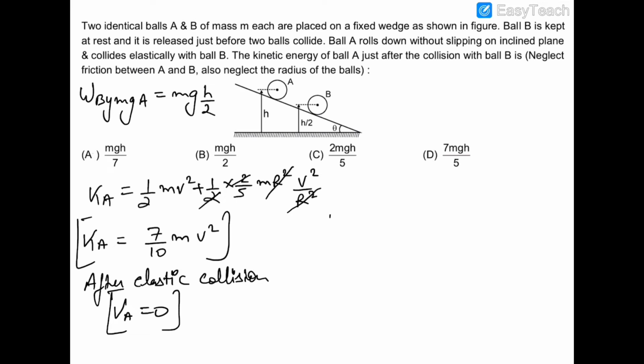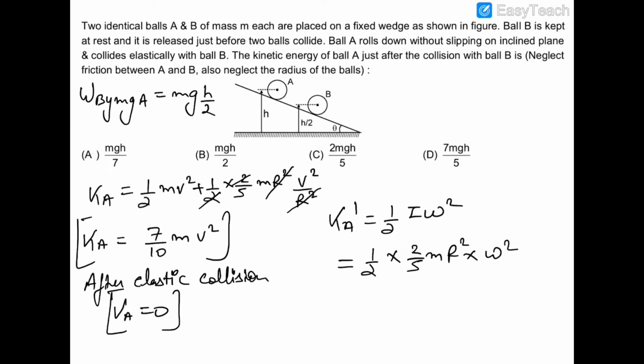So the kinetic energy of A after collision will be only half I omega square. So this half I will be equal to 2 by 5 m r square, and omega square is the angular velocity.